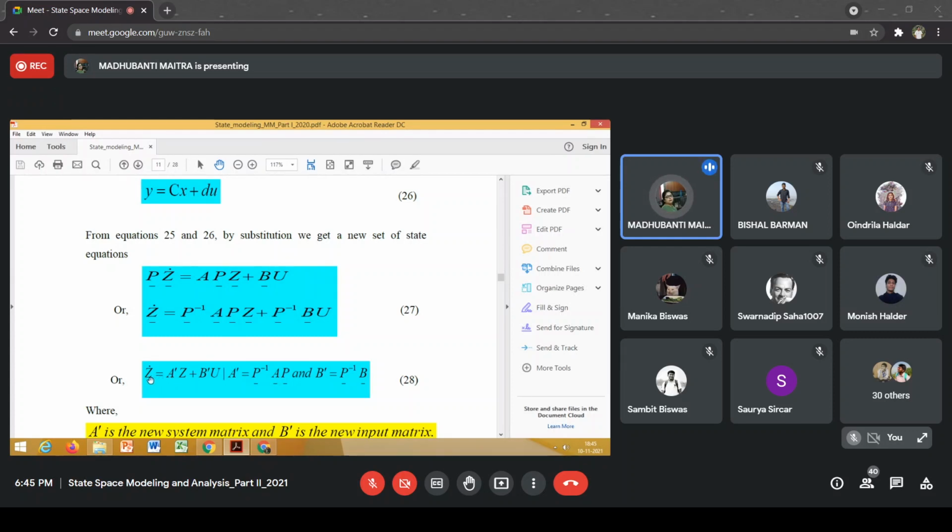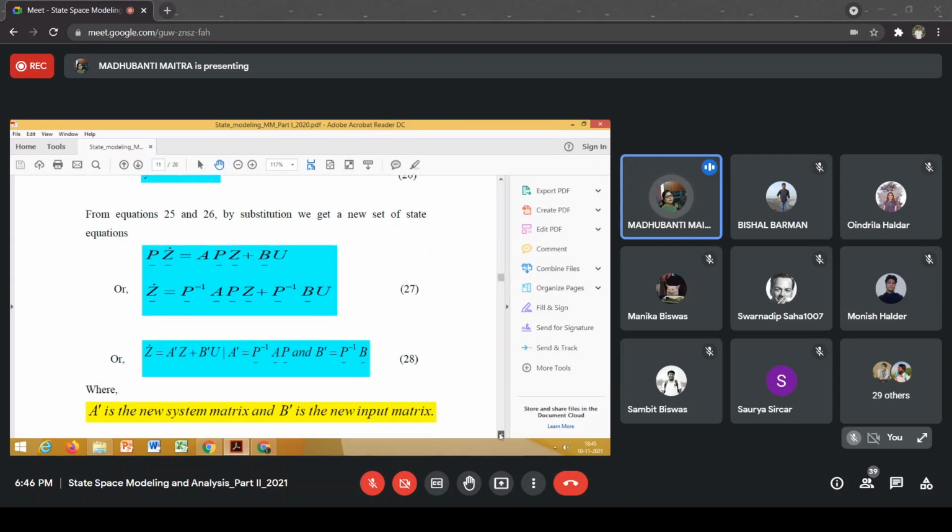So now our new state model is given by z bar dot is equal to A dashed z plus, P inverse B can be written as B dashed. So the second part will be B dashed u, where A dashed is equal to P inverse AP and B dashed is equal to P inverse B. So our new state equation involving z as the state vector is given by z bar dot is equal to A dashed z plus B dashed u.